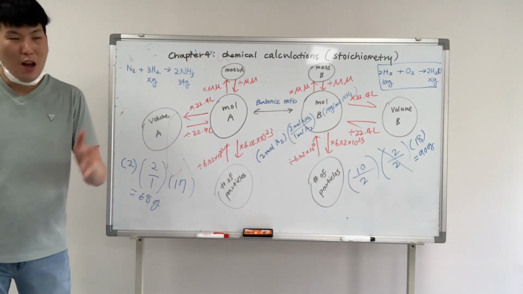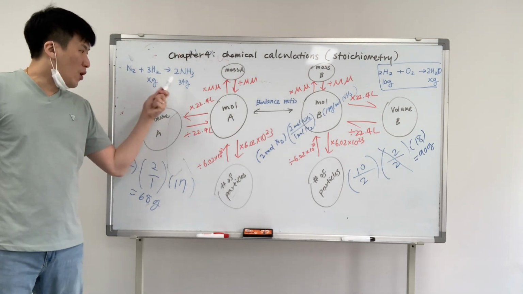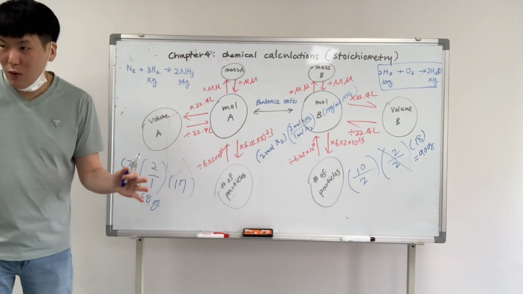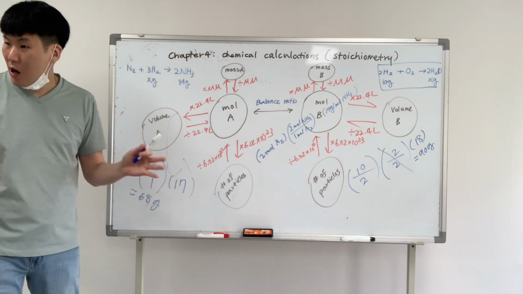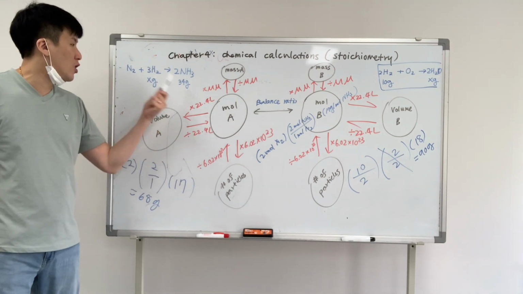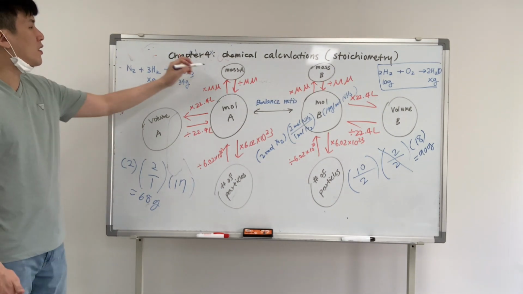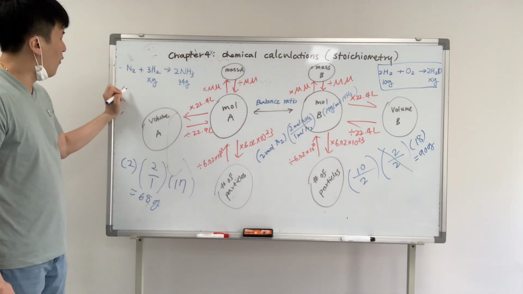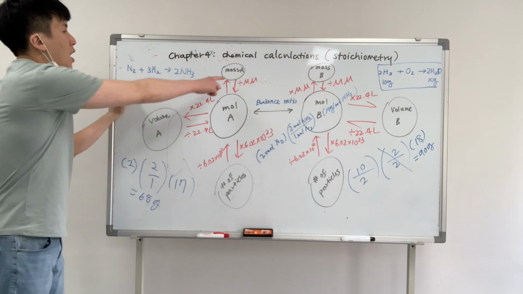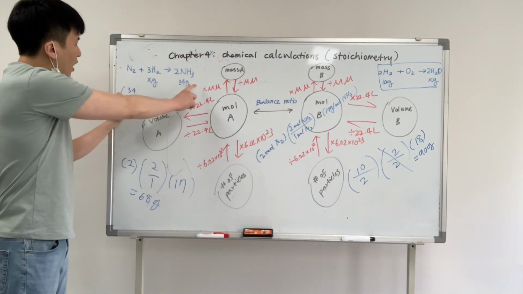That's the question. But again, what you have as the starting information will always be the A part. That's mass A to mass B. Same thing, let me try one more time. So mass A, that's 34, divided by molar mass, which is 17.